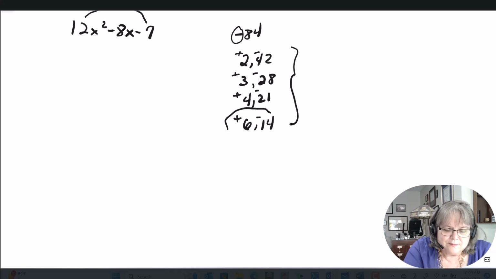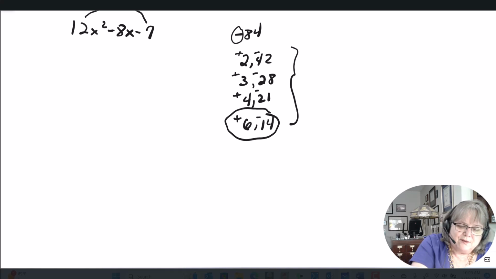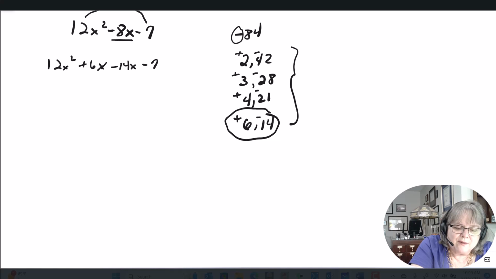Okay, how about this one? So again, you stretch it out, and you're going to stretch out this term right there with plus 6x minus 14x minus 7. It does not matter which order you write them down. So what's in common in the front two? They're both even, and they have an x.